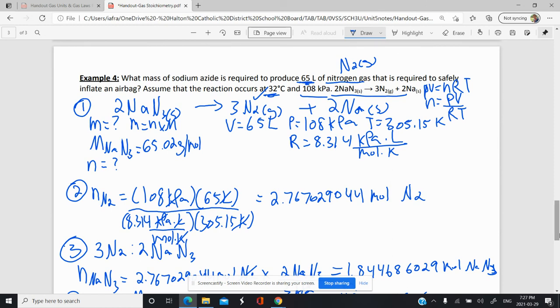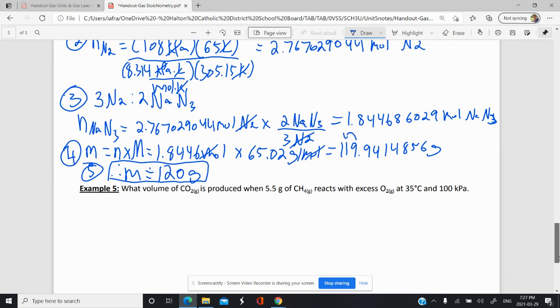So it would basically just be your moles times your 8.314 times your temperature, which was 305.15, divided by your pressure, which was 108, and you would get 65 again. So I just did it backwards to double check my work, and it looks like I was on the right track.